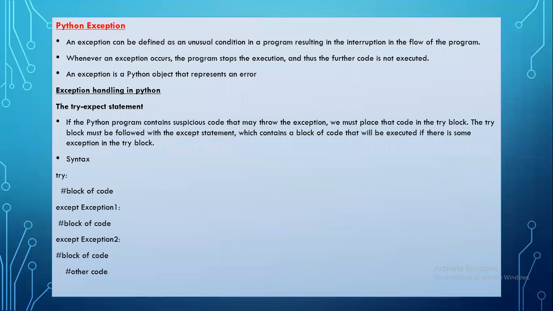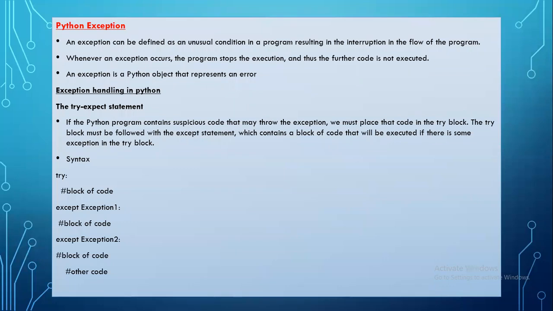That is one important feature of Python: inbuilt exception handling capability. You can handle exceptions using those inbuilt classes. You just refer to those class names in your program and you can handle it properly. Now, what is this try except statement?